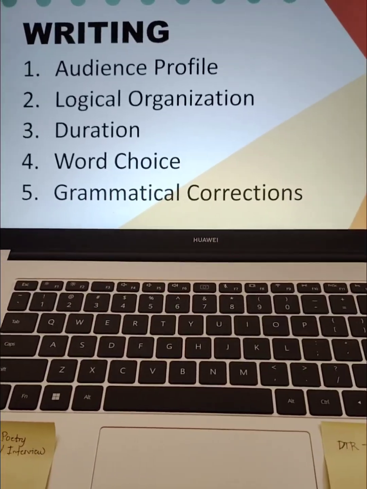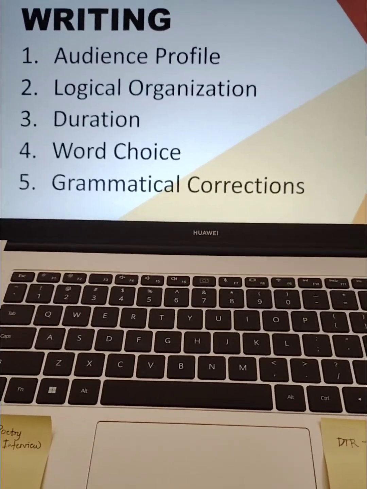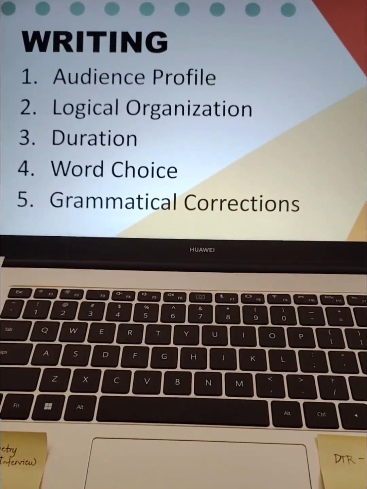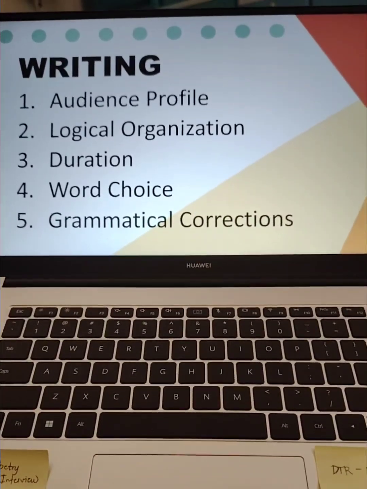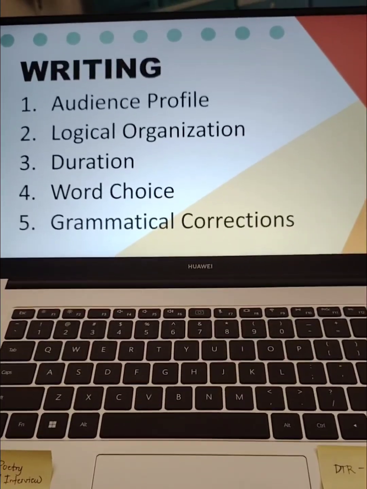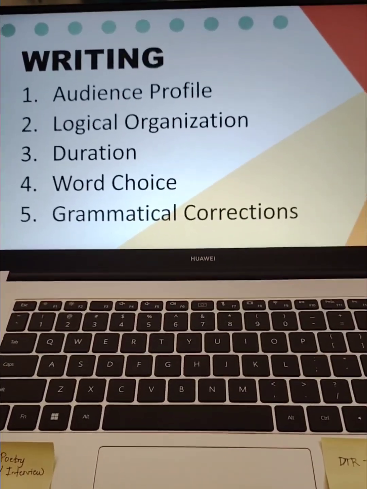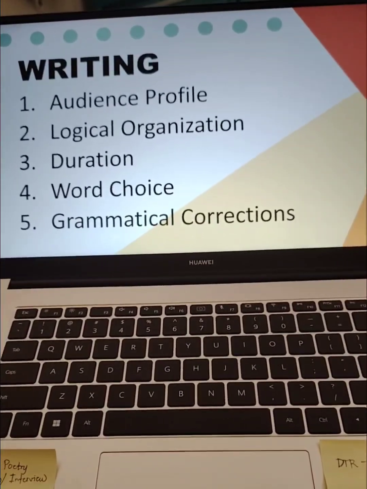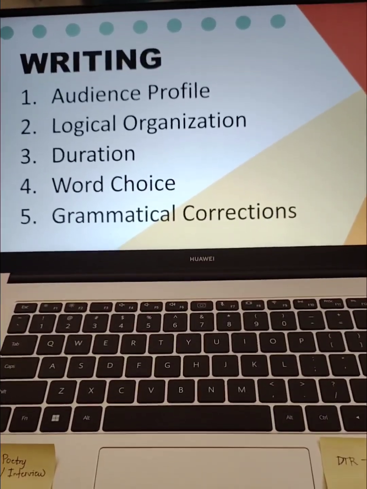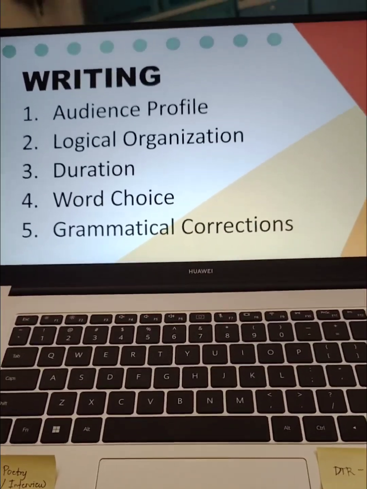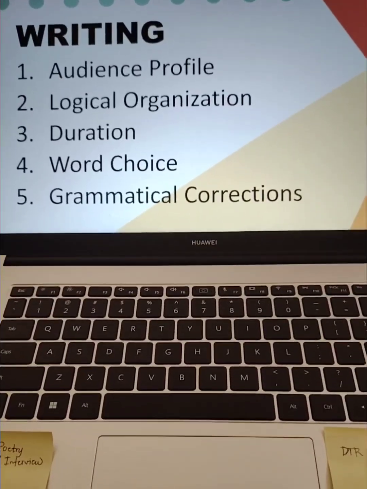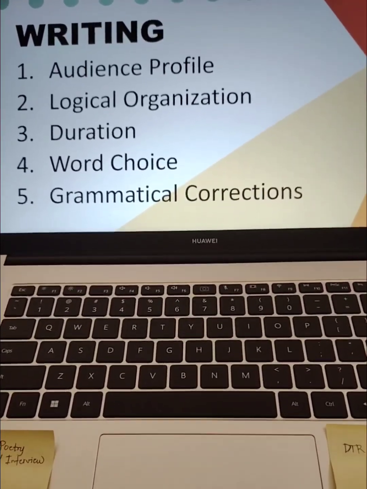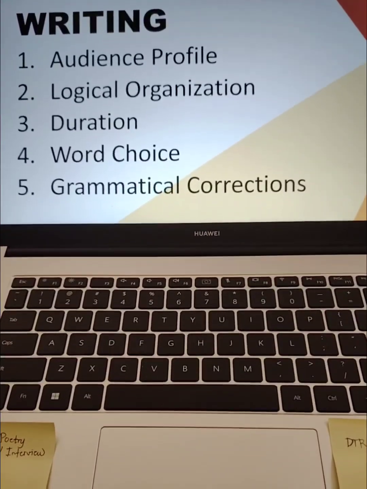Anyway, if you will be a valedictorian delivering your speech, or you will be invited as a resource person, let's say you are already a professional and your alma mater, yung school na pinag-graduatean nyo, invites you to talk at their graduation, there will be someone assigned to check your grammar.